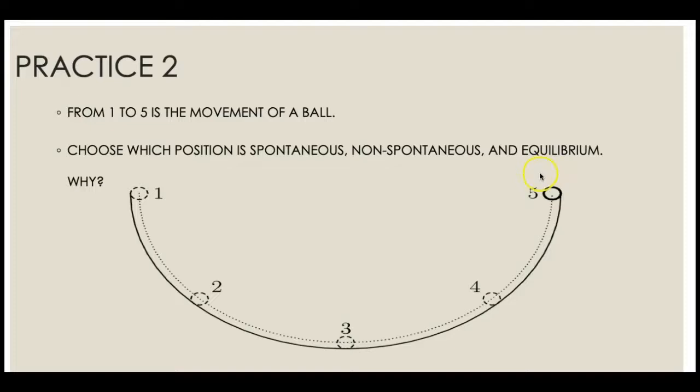In the 5th position, the ball is using the kinetic energy from the potential energy of the 1st position to reach the 5th position. And for the ball to reach the 3rd position, neither energy is used nor released.